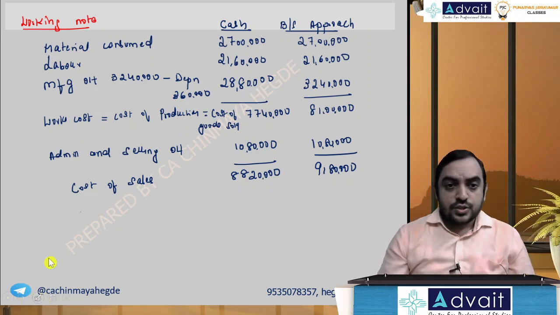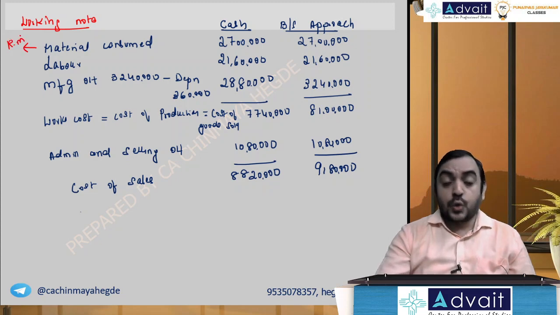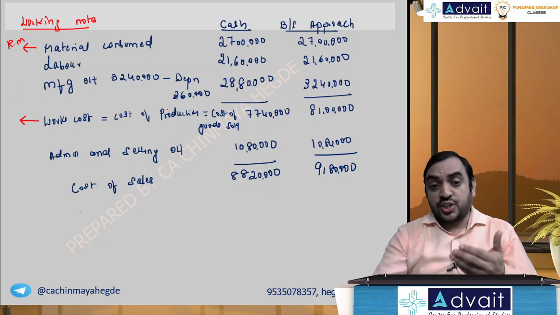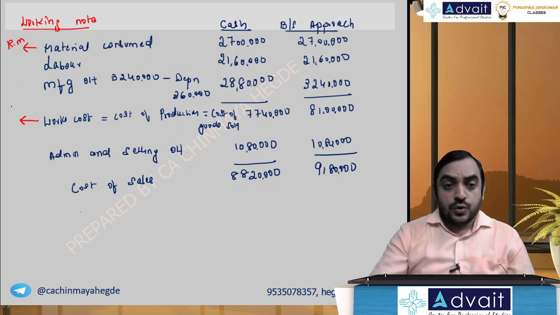Okay. So material consumed will be used for what purpose? Material consumed will be used for raw material valuation, closing stock of raw material, inventory raw material. This works cost, or this cost of production or cost of goods sold, will be used for valuation of finished goods. And cost of sales is used for valuation of debtors.